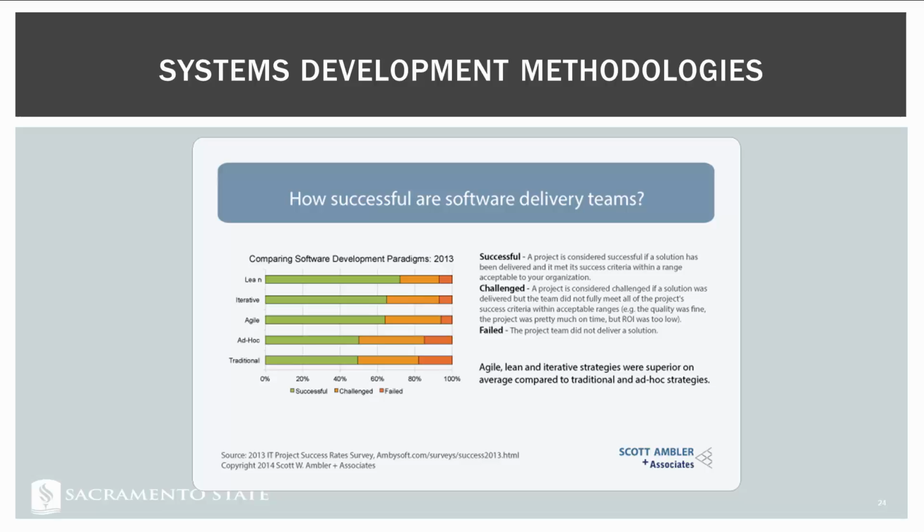And so he argues for agile, iterative, or lean systems development methodologies instead of either ad hoc or traditional, which are closer to what we'll talk about in terms of waterfall. The point is that the different methodology you use may have a higher chance of project success.